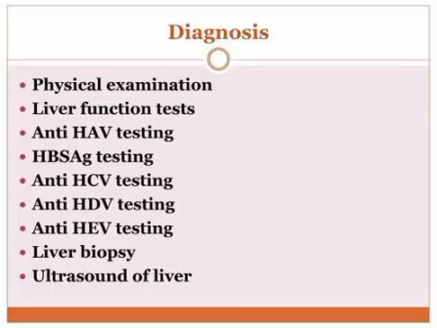And next will be the liver biopsy along with the ultrasound of the liver. So these are the diagnostic tests used to understand the complications of hepatitis as well as the disease condition of this hepatitis.